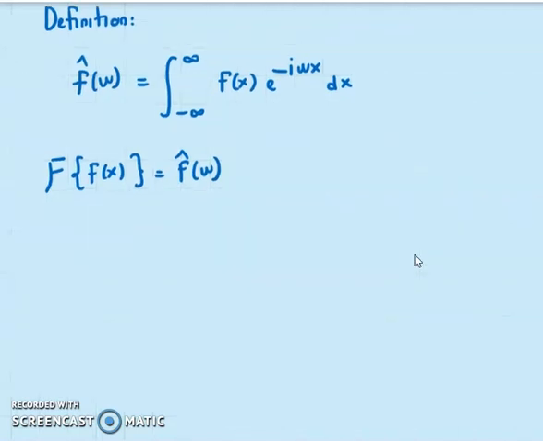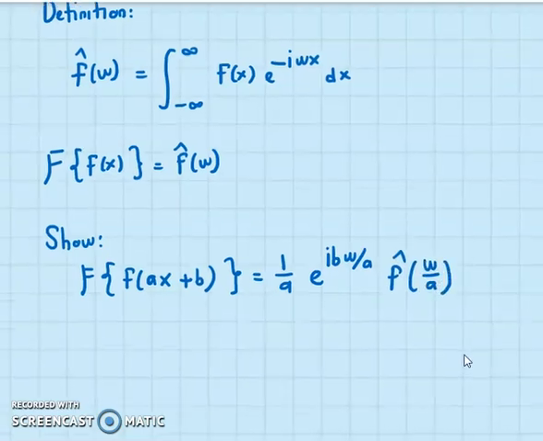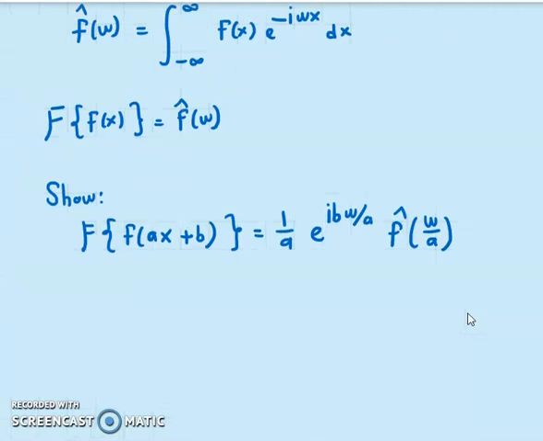Now, I want to show that the Fourier transform of f(ax + b) equals 1 over a e^(i b omega / a) f hat (omega / a). We want to show this, and to show this, we need to use the definition.